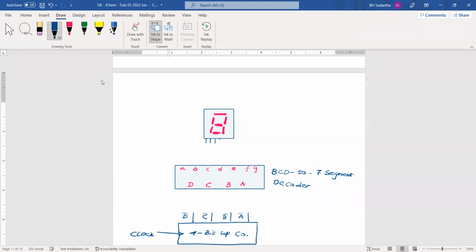And we have these output lines that we can connect.